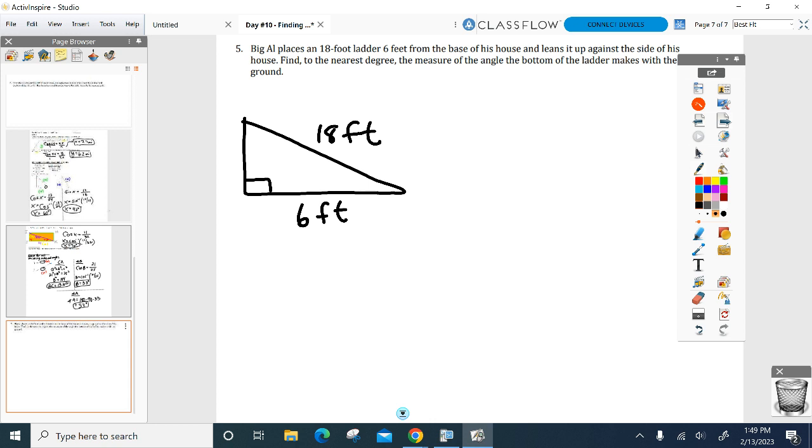The measure of the angle the bottom of the ladder makes with the ground. Where are we putting X? In between 18 and 6, yes.